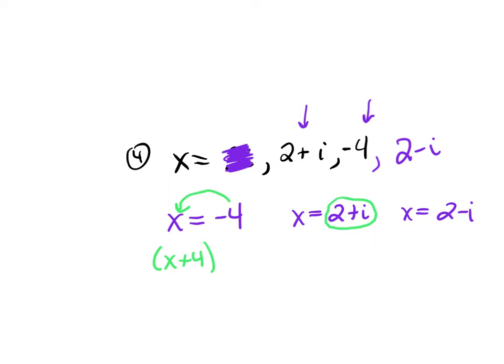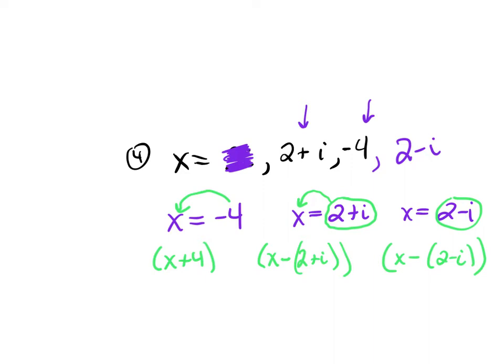Look at that lead term. So when I bring positive 2 over here, it becomes x minus 2 plus i. When I bring this 2 minus i, this is a positive 2. So when I bring it over, it becomes x minus 2 minus i. You don't change that sign in the middle.